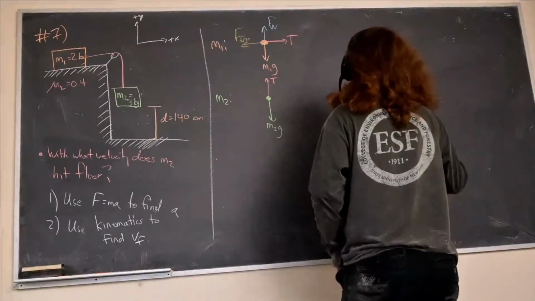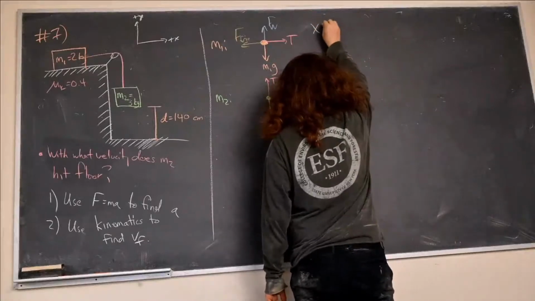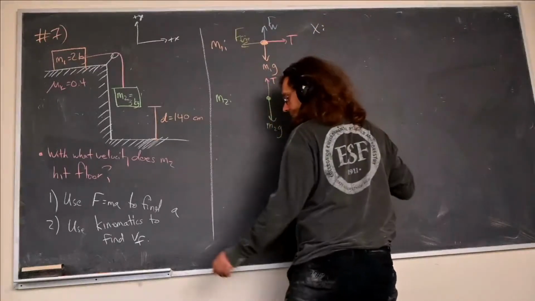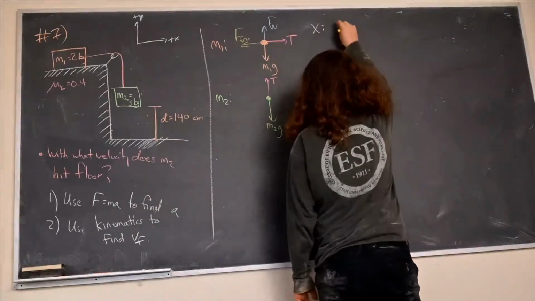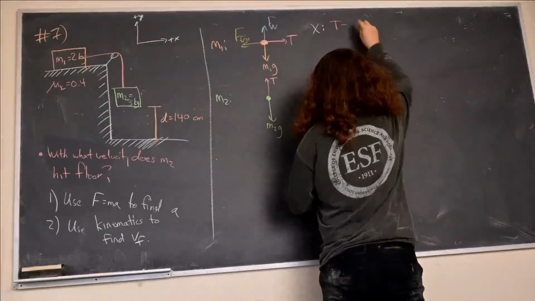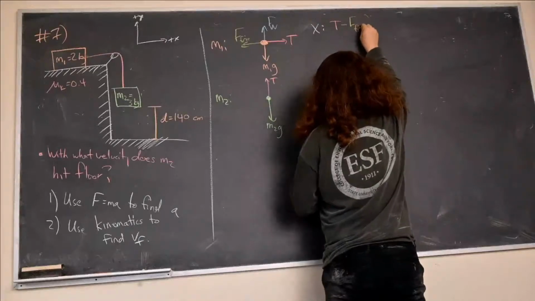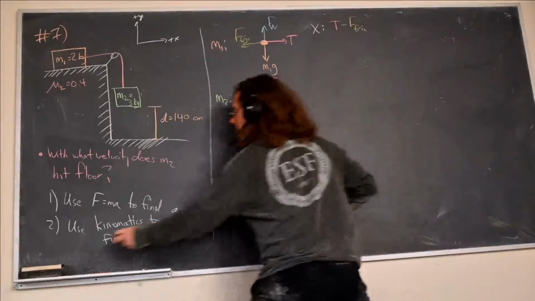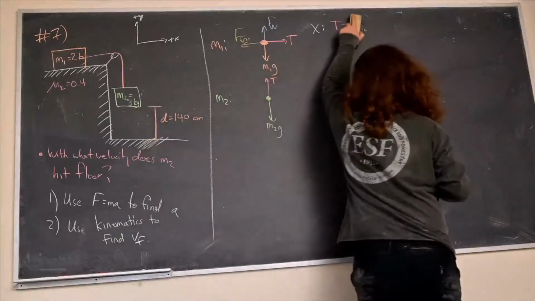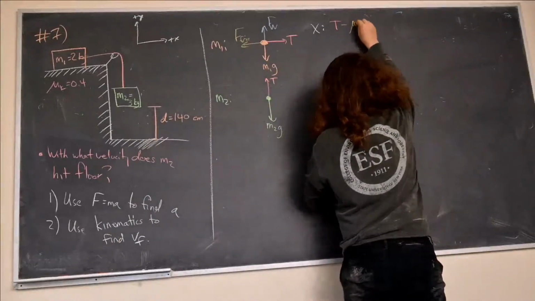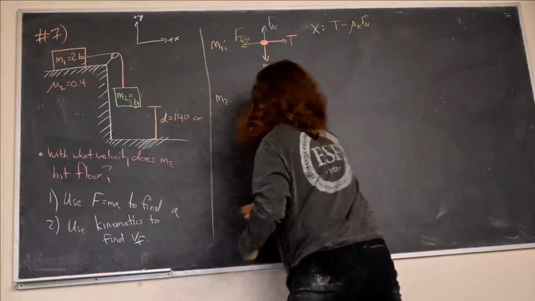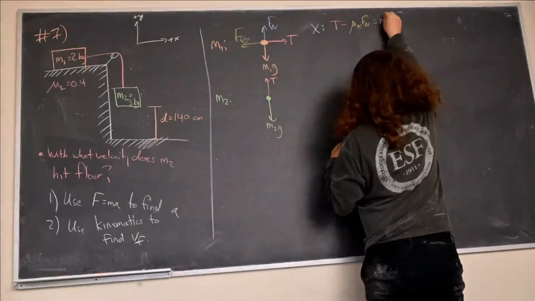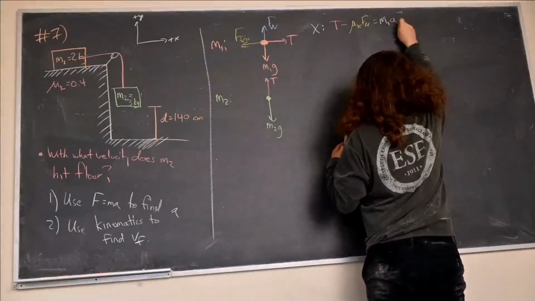So here, in the x direction, I'm just going to copy things off the force diagram. So I have T minus F fric, which I can write as mu k times the normal force, equals m1 a1x.